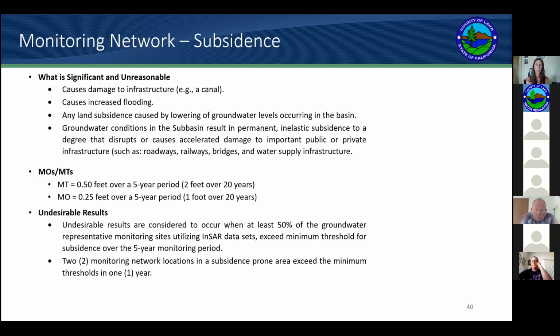I guess one question would be, next week we have our GSPAC meeting, where some of this information is going to be presented. I think the introduction to SMCs is probably not going to be presented, maybe at a high level, but then we've got to cover subsidence and water quality.